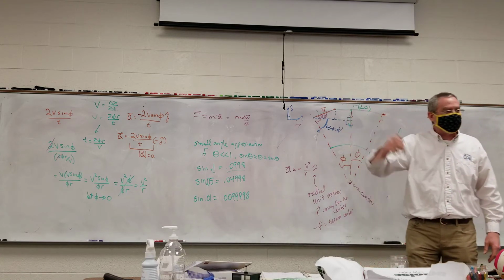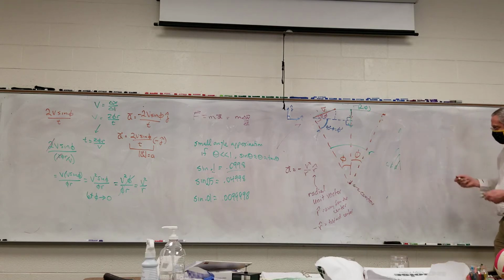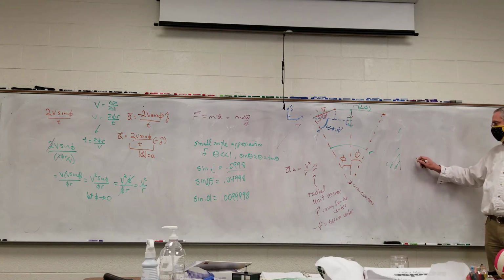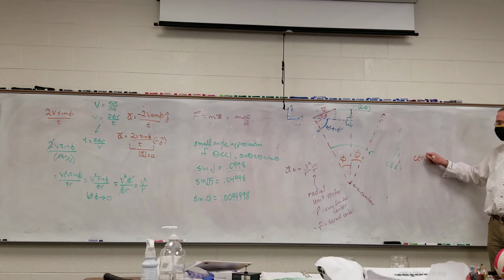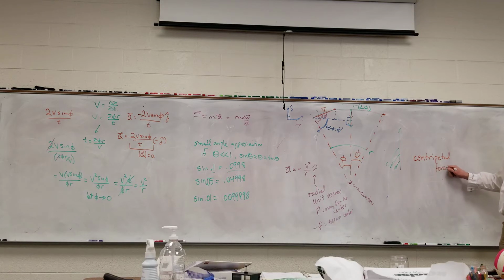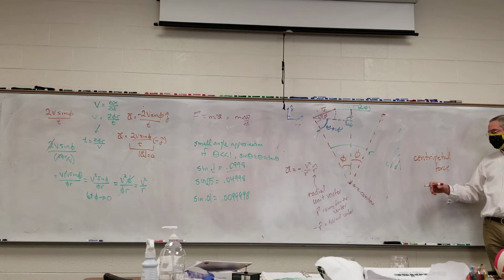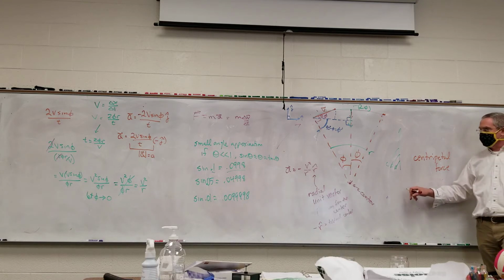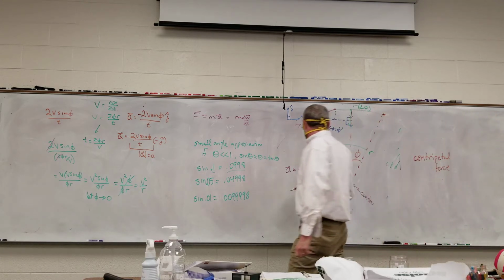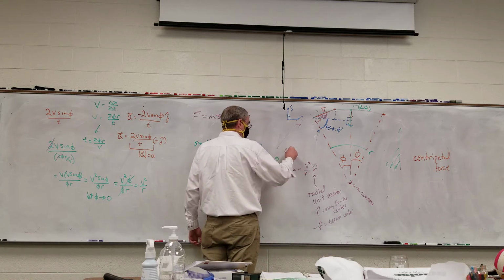Yeah, it's tension in that particular case, but in general, its special name is centripetal. It is a centripetal force, which is the force which causes something to travel in a circle. Therefore, this acceleration right here is centripetal acceleration.